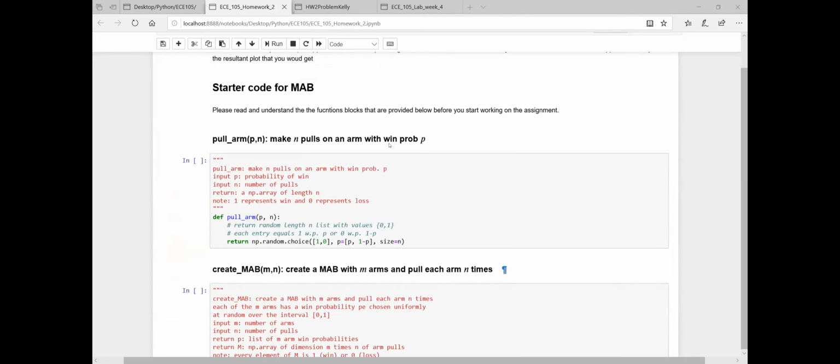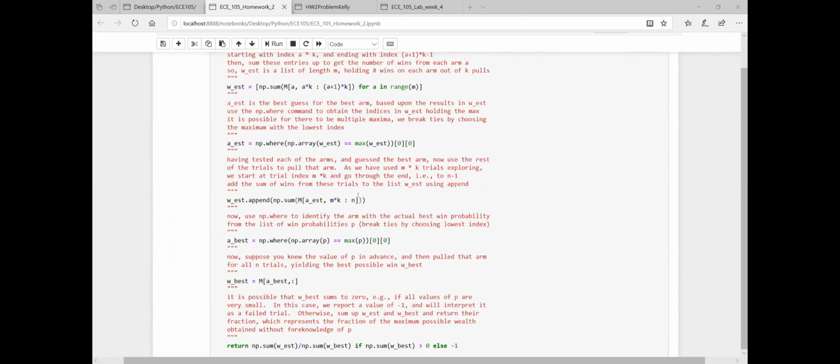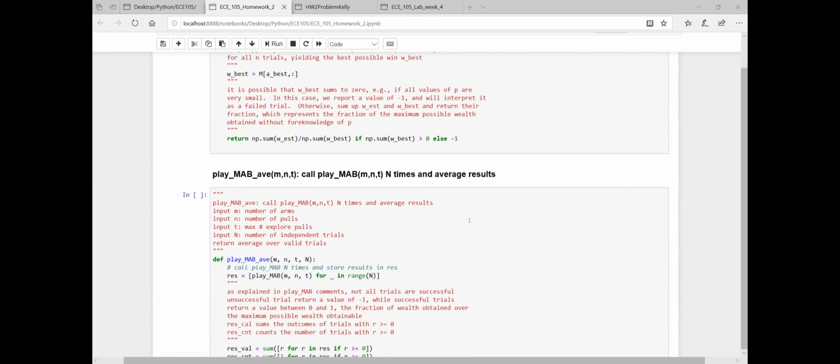So I'm still having a hard time wrapping my head around the assignment. So I understand that for this function it's trying to find the probability for each arm. And this one creates a MAP, plays the MAP n times and averages results.